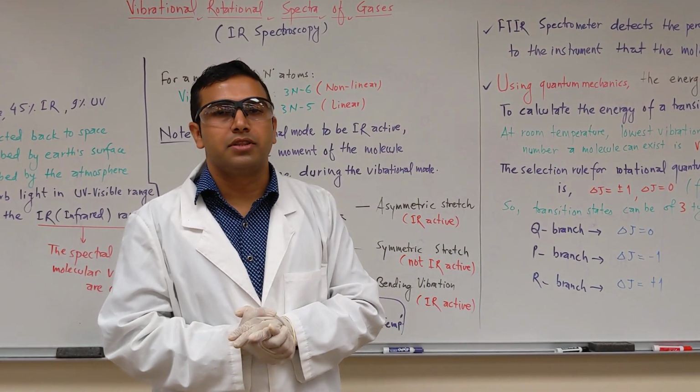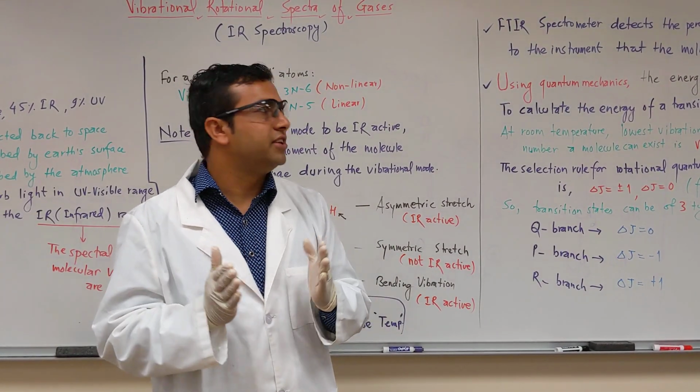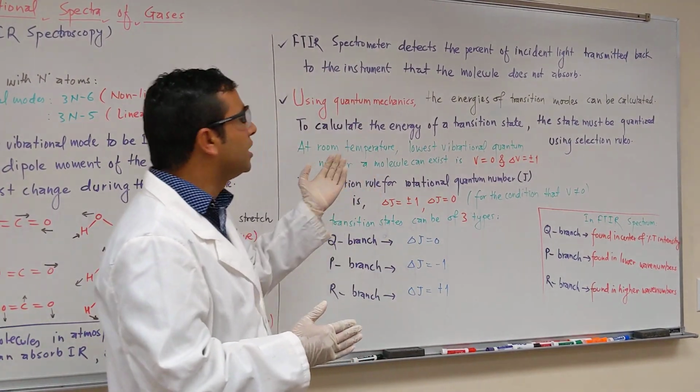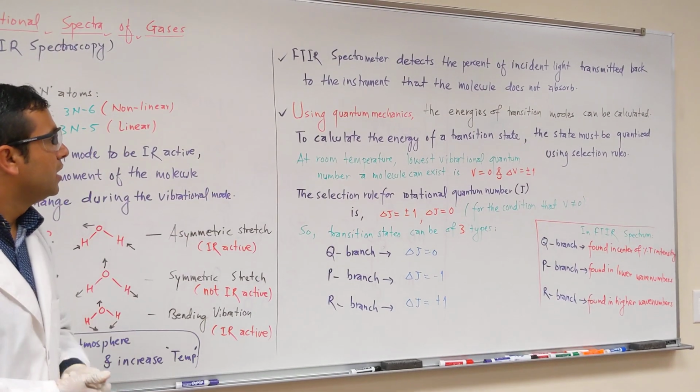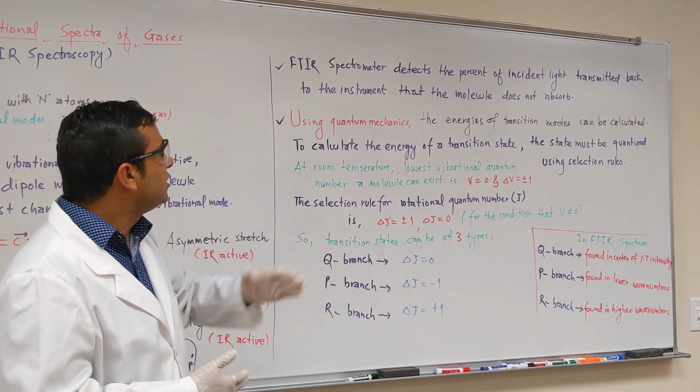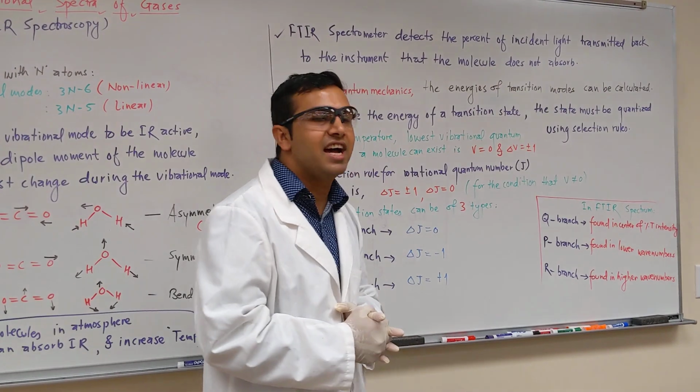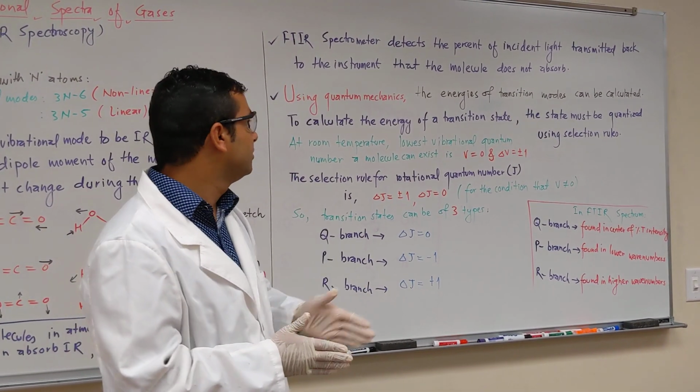Up to now we have been talking about the molecule. Now let's talk about the quantum mechanics involved, right? The energy of transition modes can be calculated. To calculate the energy of a transition state, the state must be quantized using some selection rules, right?